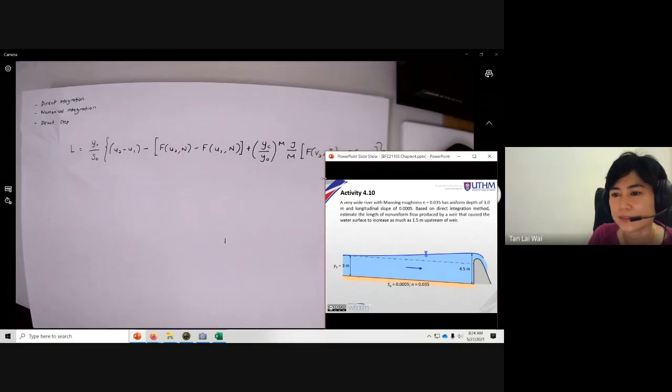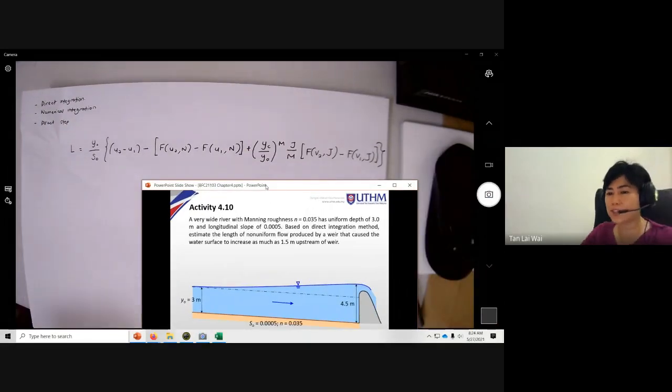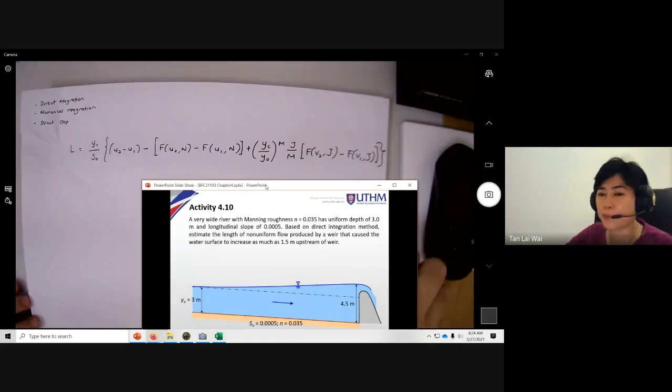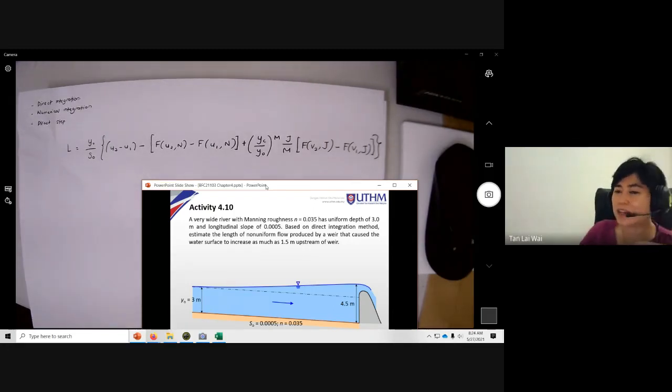Okay, here's the thing. You have this question which is activity 4.10, and the question asks you to use the direct integration method. Now, sometimes you might ask me, when you are looking at one question that asks you to find the length of gradually varied flow profile, which method are you going to use?